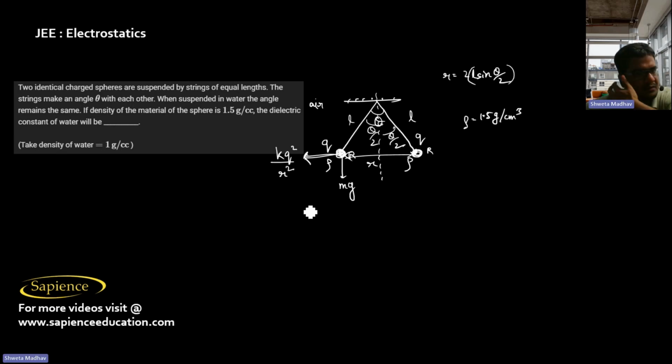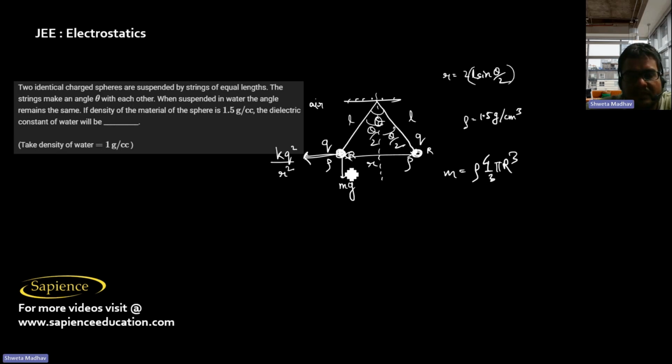And the mass mg we can write as the density into 4 by 3 pi R cube, where r is the distance between the two spheres and capital R is the radius of each sphere.